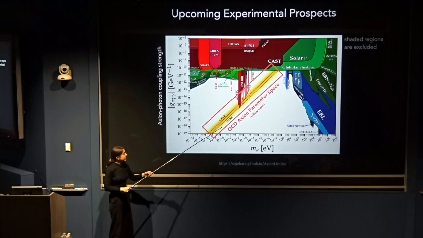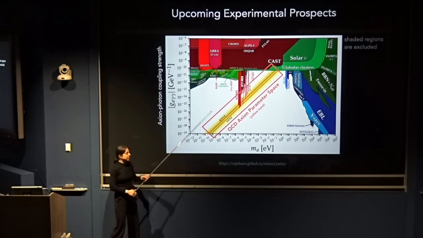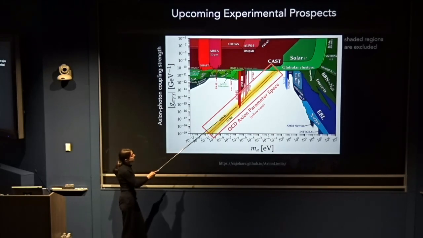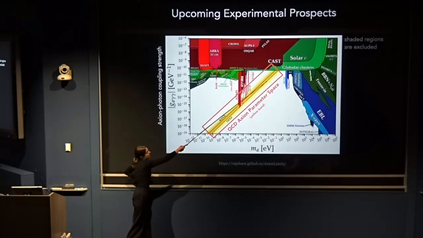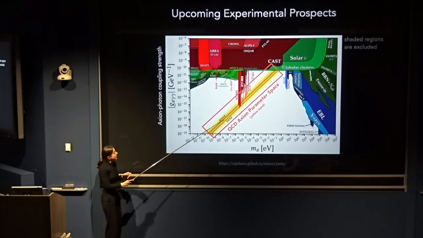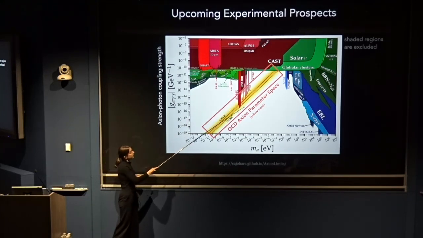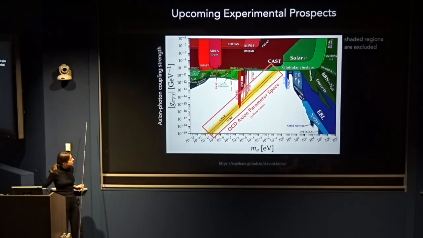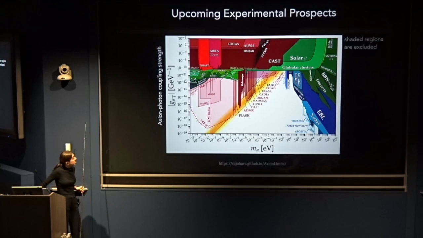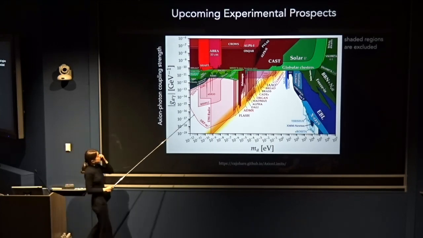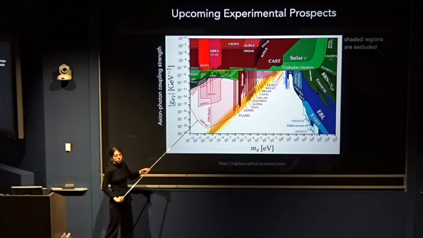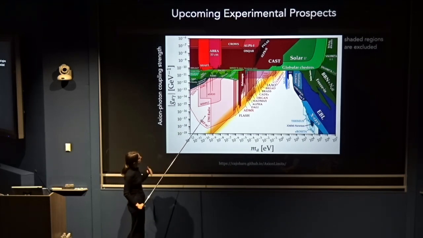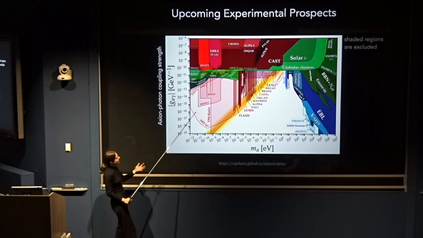So if we want to really be probing that very well-motivated region of wave-like dark matter, we need experiments that can reach sensitivities that cover that band. And you can see that right now, there's only a small subset that do. But there's been an incredible amount of activity in this direction and a lot of really good ideas. These light-shaded areas are where there are current proposals for experimental approaches, either being built or about to be built, or trying to get funding.